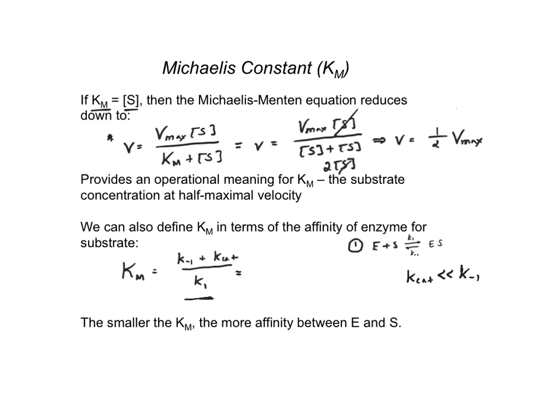So this ends up just being K minus 1 over K1, which is defined as the dissociation constant for enzyme substrate complex, okay? So this ratio of rate constants is the equilibrium constant that essentially tells us about this dissociation of enzyme substrate into enzyme plus substrate. Okay, so again, this is a dissociation constant.